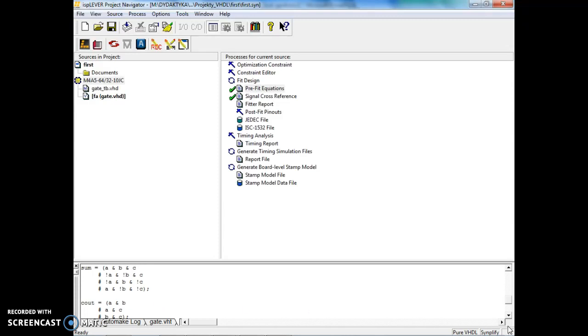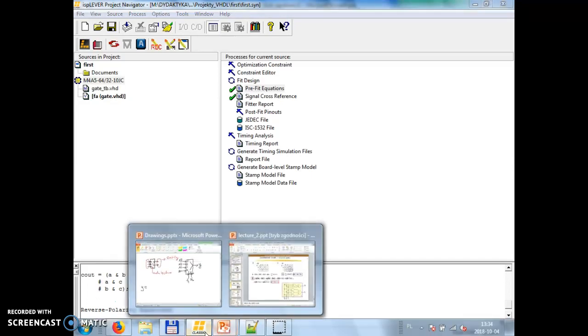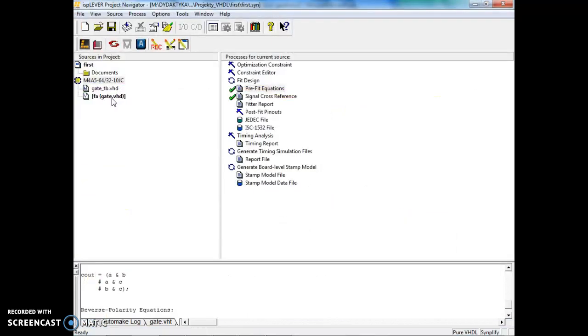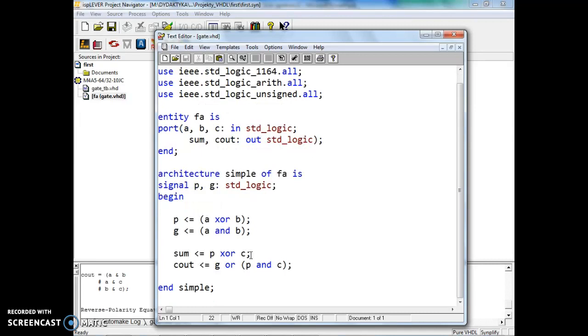What about Cout? Cout, as you know, is AB plus AC plus BC. But I have put here a different version with XOR and OR. It is a maximalization rather than minimization. I got the almost canonical form, because inside these CPLDs there are only AND or NOT gates.